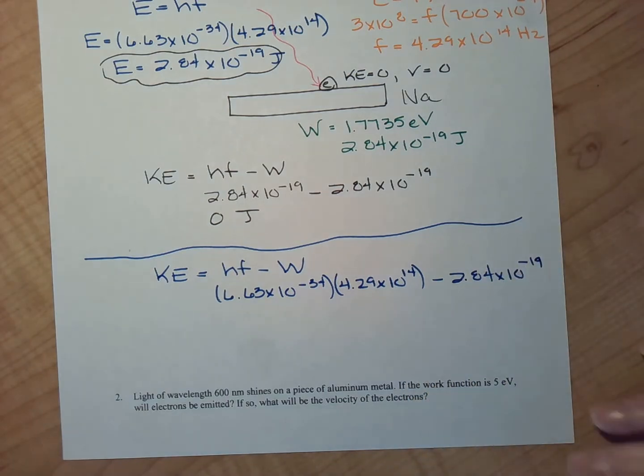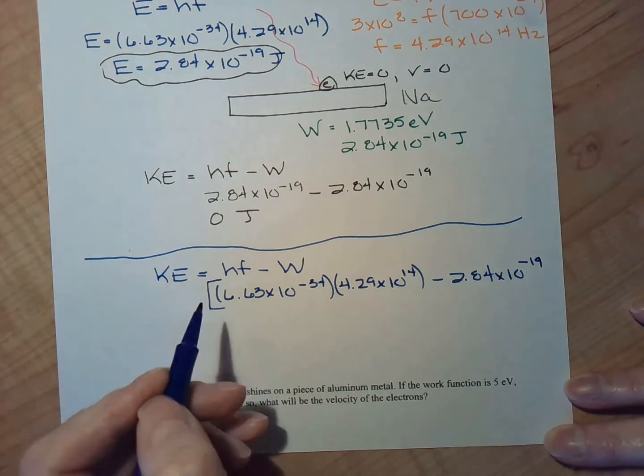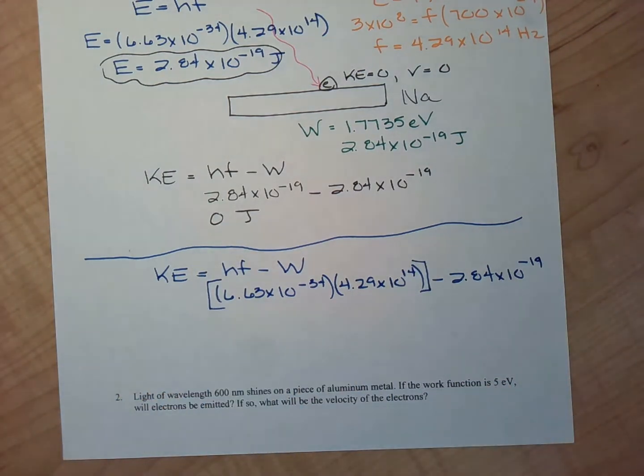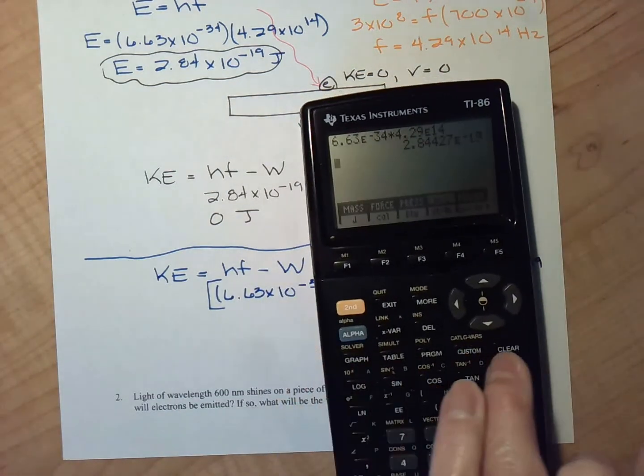And if I do this whole thing in my calculator, where I'm putting a bracket around these kinds of things, I minimize my round-off error. And this round-off error actually becomes very significant in a problem like this.